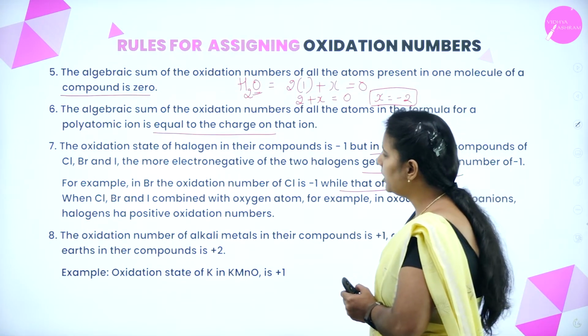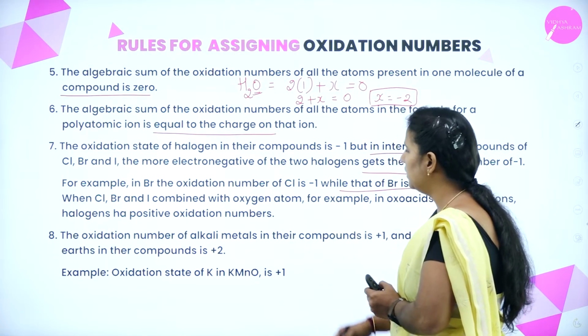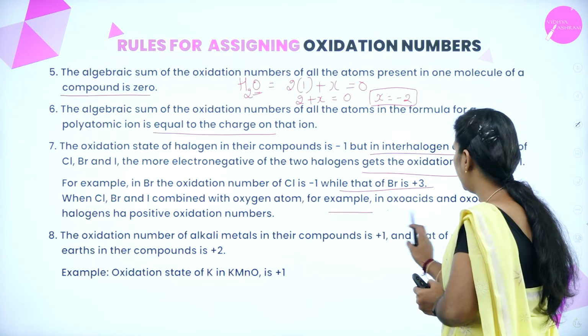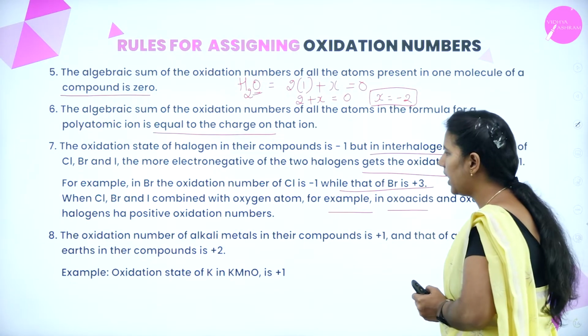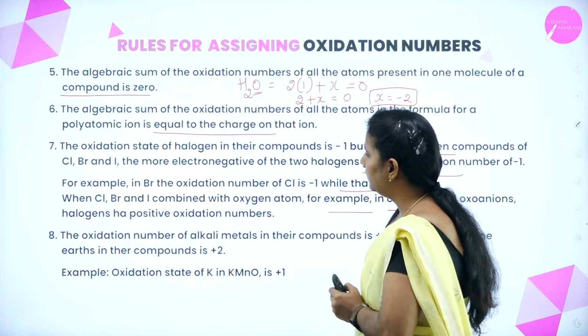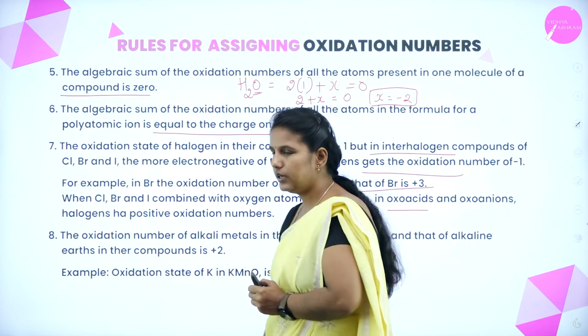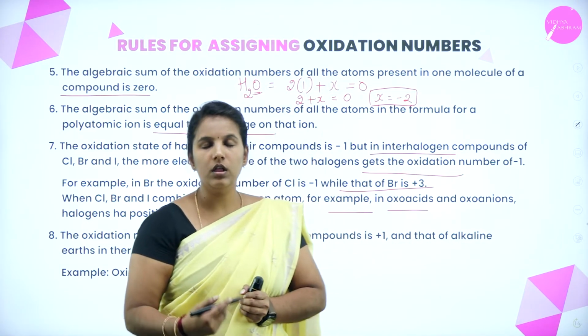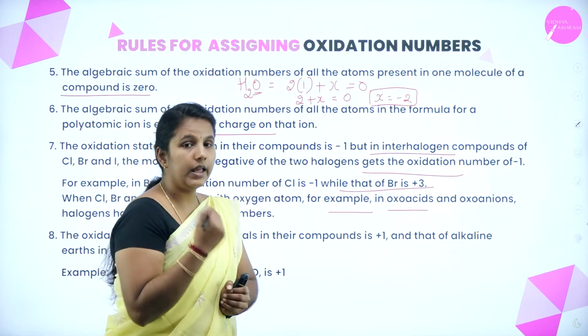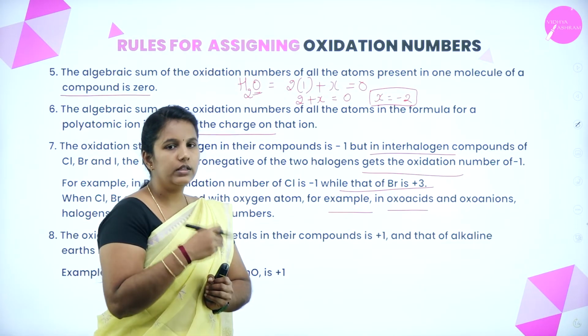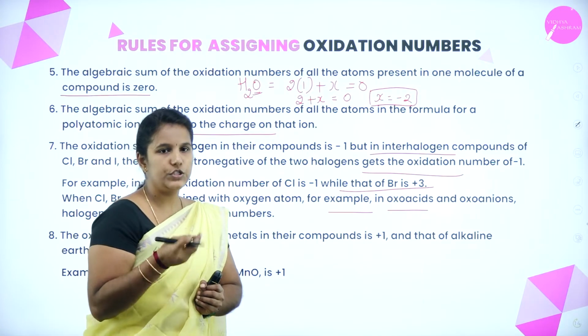When chlorine, bromine and iodine are combined with an oxygen atom, for example in oxo acids and oxo anions, the halogen has a positive oxidation number. This is how we can easily understand that if it is a halogen, its oxidation number has to be considered carefully.